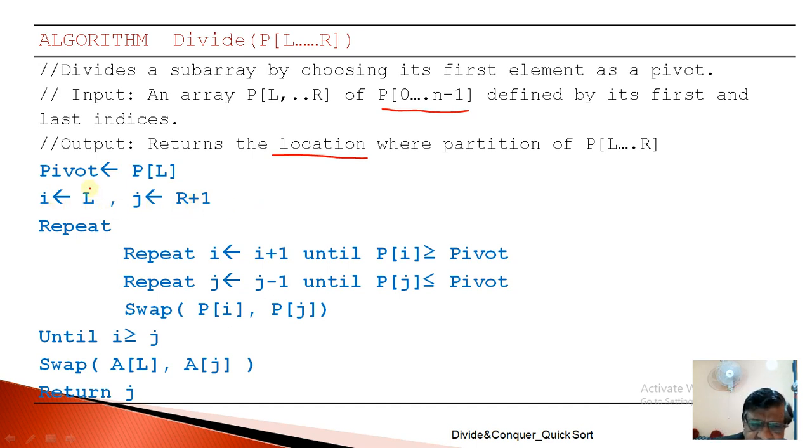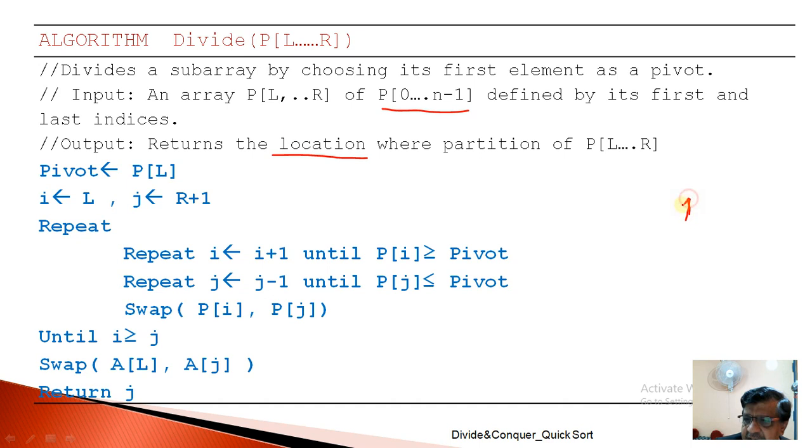I should be set at L because for the first move it should go and occupy the very next element beside the pivotal element. And when we start moving J, it should occupy the last element. Therefore it is at R plus 1, a little away from the right extremity.